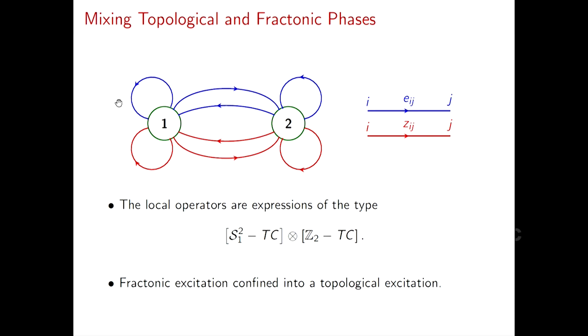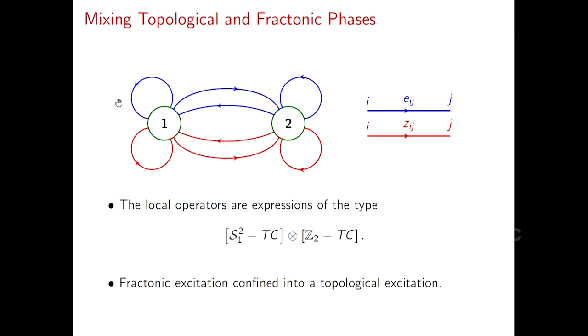Now the color index is like a group, because I can multiply the 2 colors. If I multiply a blue and a blue, I get a blue. But if I multiply a blue and a red, I get a red. So there's some kind of a Z2 structure on the color index.